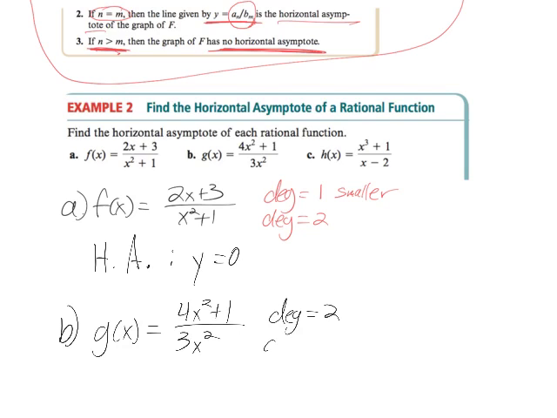You got a degree 2 over a degree 2. So we have the second rule where they're equal. And if you have equal degrees, your horizontal asymptote is y is equal to the ratio of the leading coefficient over the leading coefficient. So it's just the number in front of those degree 2 terms. 4/3 is what we get for B.